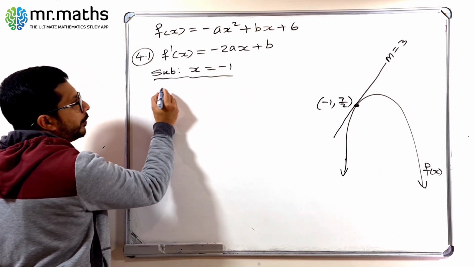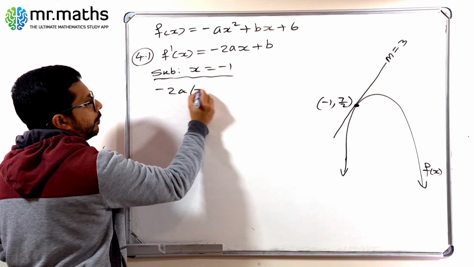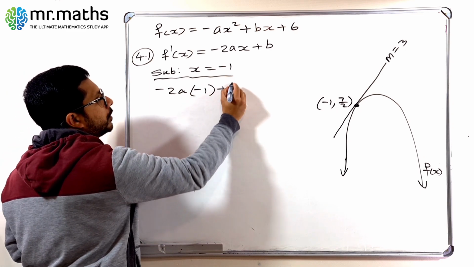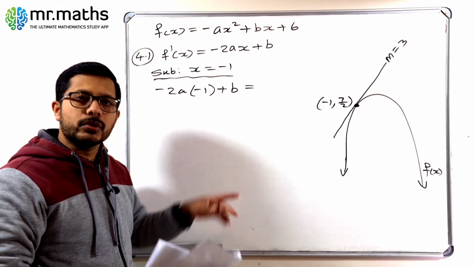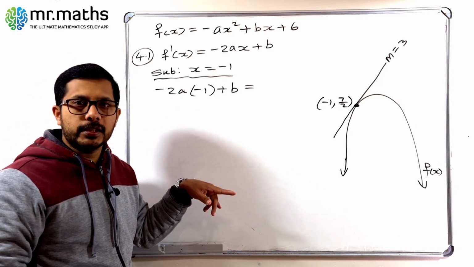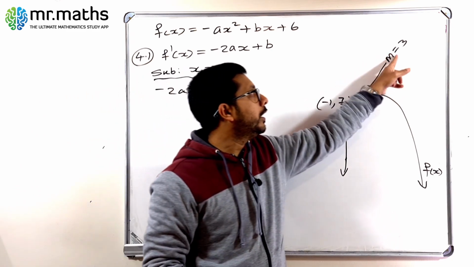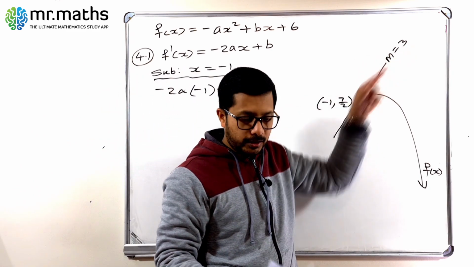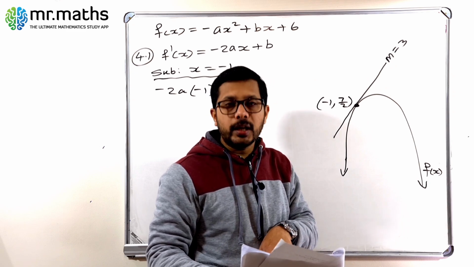So what is going to happen? Minus 2a into minus 1 plus b is equal to the gradient. But in this question they have already given that the gradient of the tangent is 3.